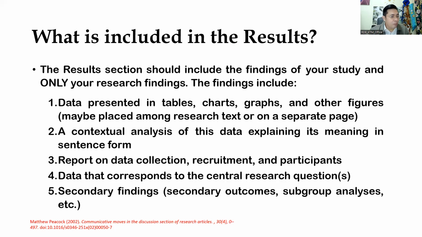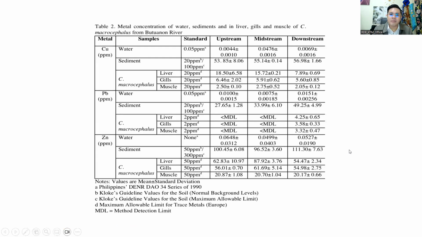The third one is the report on data collection. It can also include the recruitment of the participants. Number 4, the data that corresponds to the central research questions. And number 5, it may include the secondary findings, secondary outcomes, the subgroup analysis, and more.